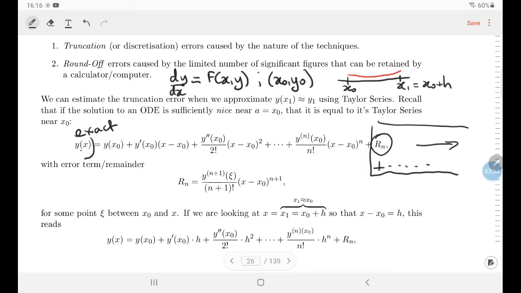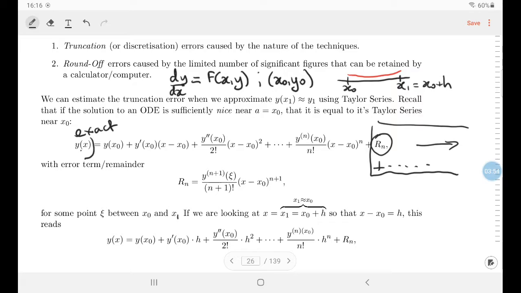Okay, and you can show, let the pure mathematicians do it, that this term, the difference between this approximation, the n+1 terms, and the exact solution, is equal to this horrific looking thing, the (n+1)th derivative of y evaluated at xi.